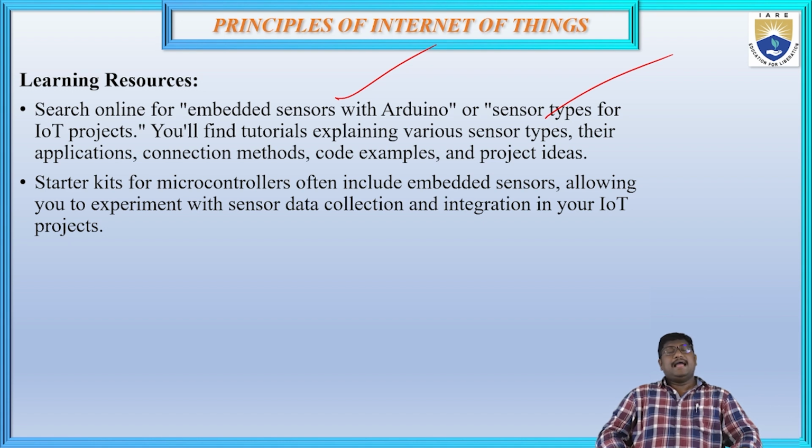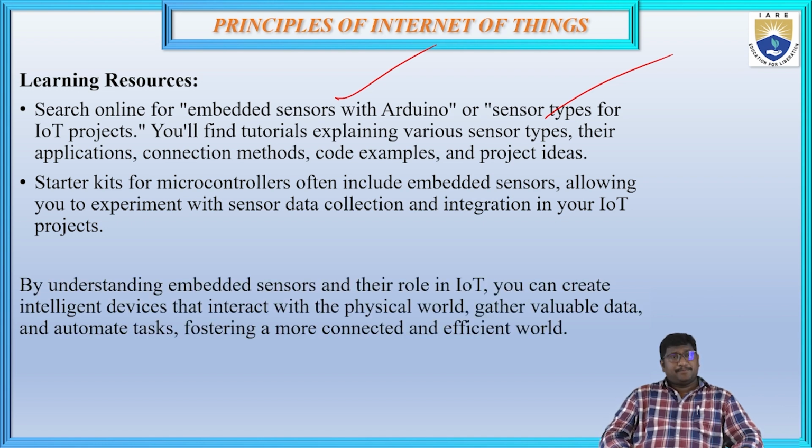I also told you about this for every sensor in my previous classes: in the market there are some smart kits available, which are attached to a microcontroller. On that microcontroller itself there is the same sensor, whether it is an embedded sensor or a voltage sensor, whatever sensor is going to be utilized in your IoT project. That has to be considered very carefully, and it gives you space for performing experiments on that microcontroller before implementing your IoT project.